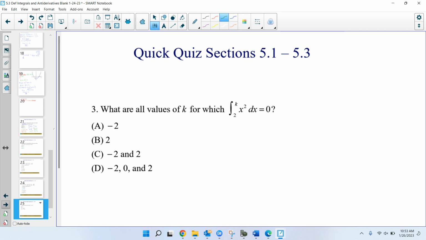Ooh, this is a tough one. All right, I want you guys to try this because it tests your understanding of the notation. No spoilers.